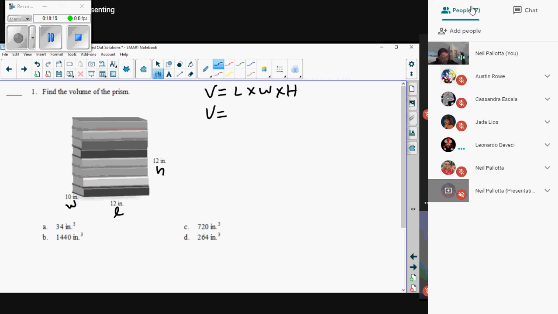It's just going to be 12 times 10 times 12. And if we multiply 12 times 10 times 12, we wind up with 1,440. And that's going to be cubic inches.